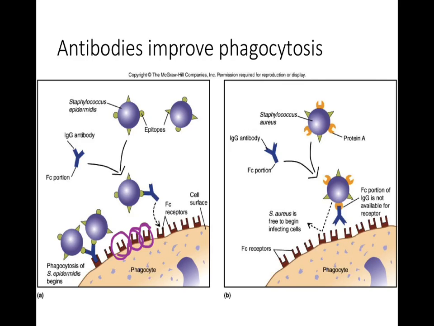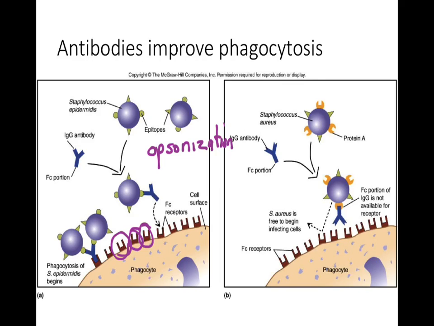This process here, where an antibody coats the pathogen, is called opsonization. O-P-S-O-N, opsonization. And that improves phagocytosis.